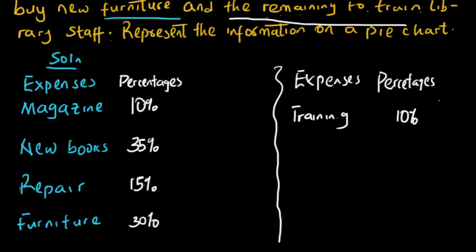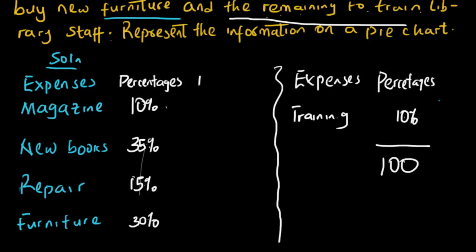Do you understand? So we have this now. Now remember, in the last video we said the first thing you want to do is to add all the data given. So we have 10 plus 35 plus 15 plus 30 plus 10. The total will be 100. 10 plus 35, 45. 45 plus 15 is 60. 60 plus 30 is 90. 90 plus 10 is 100. Do you understand?